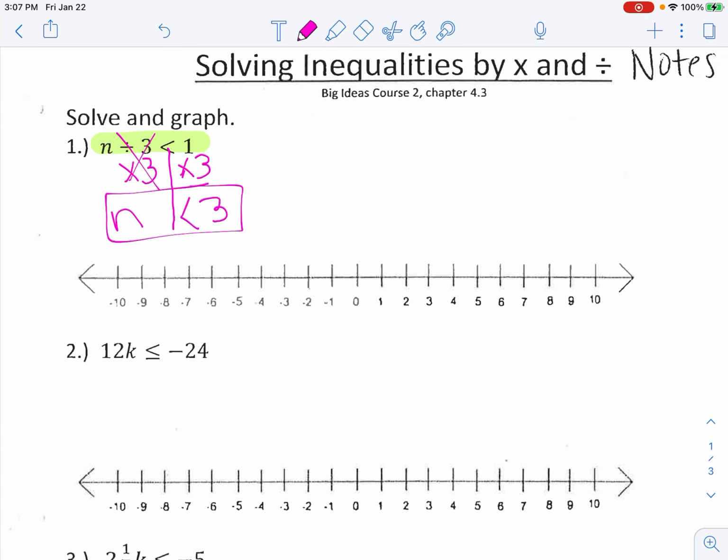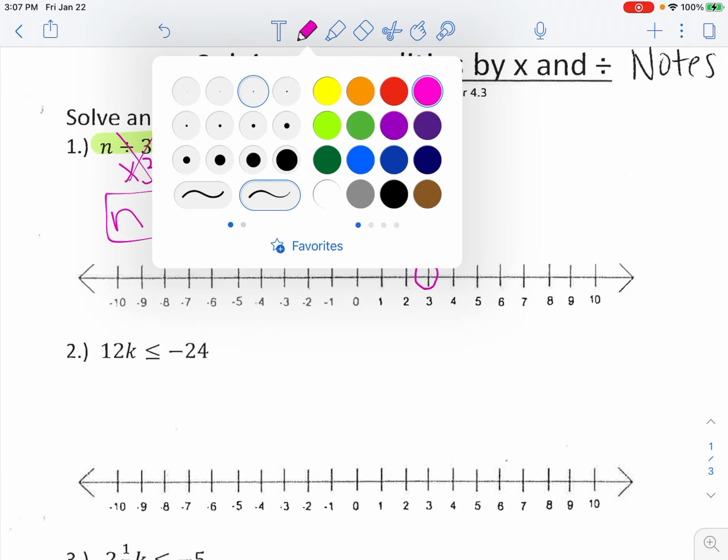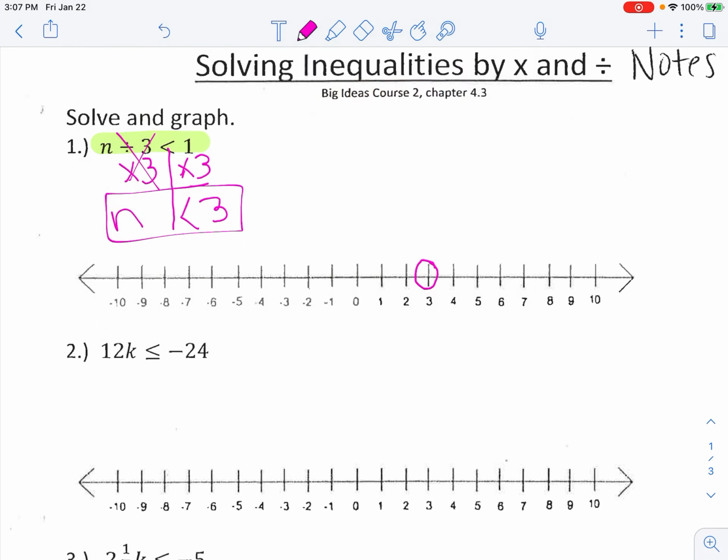Find 3 on your graph. Circle 3. And now we are going to darken to the left and darken that arrow. That's going to be an open circle because it's less than, not less than or equal to.